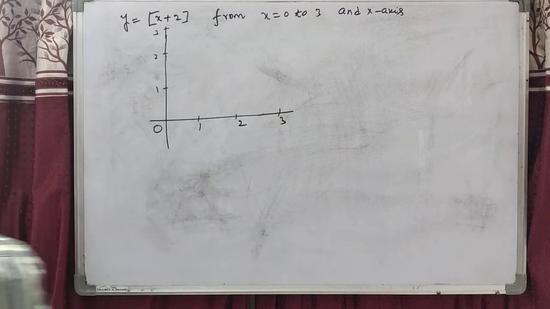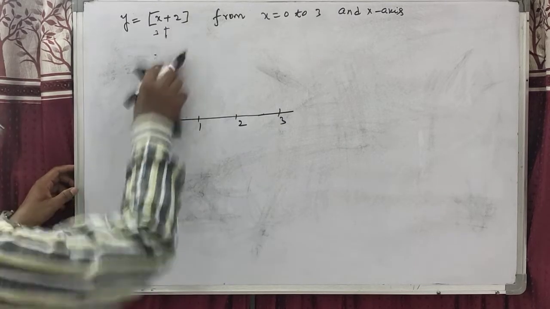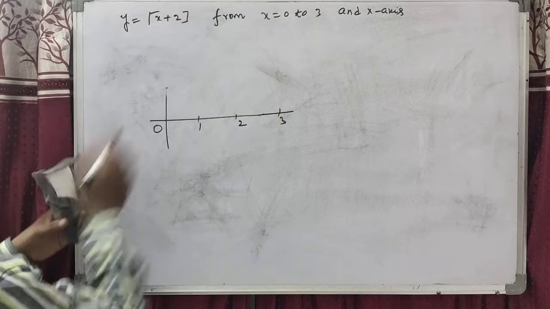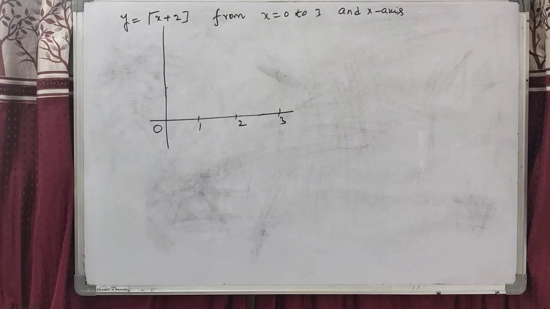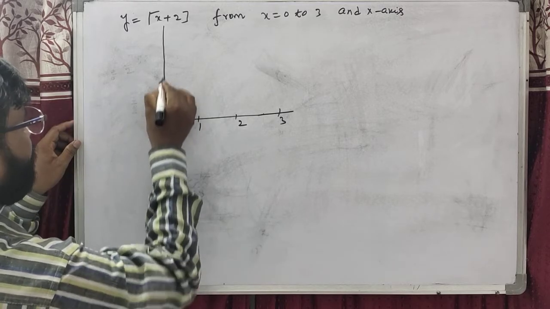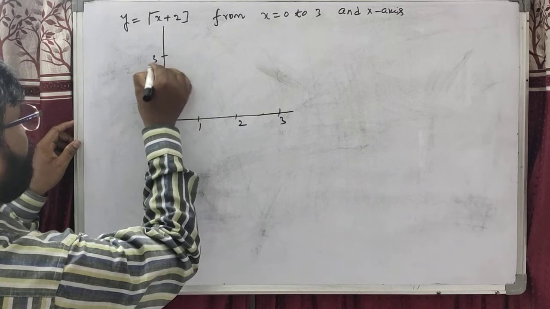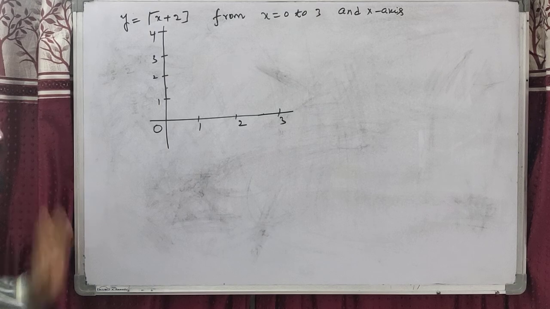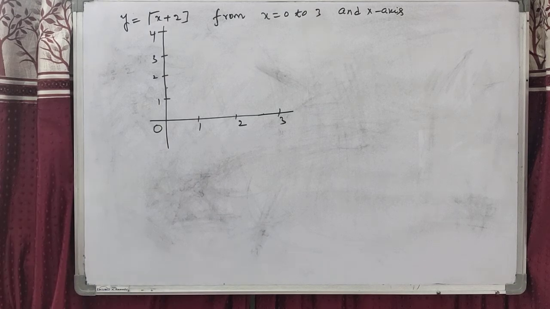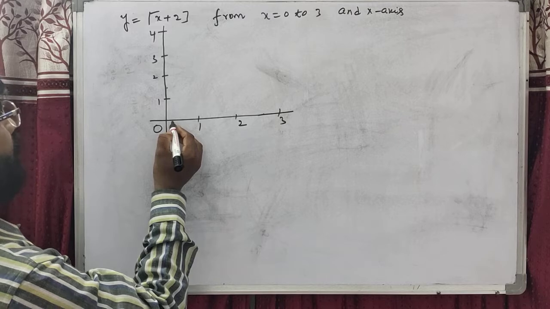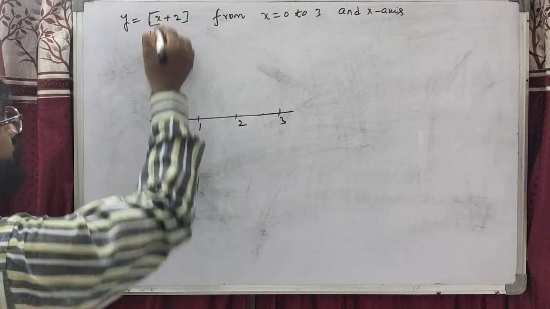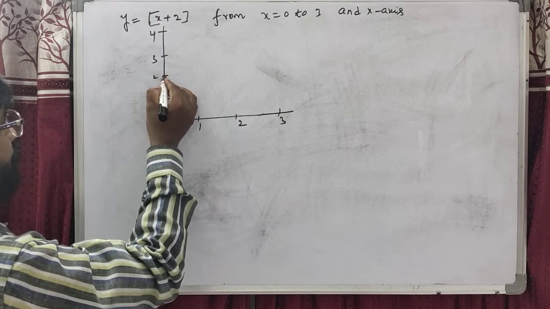Okay students, how to write this one? Now first write 1, 2, 3, 4. Now when we take the point 0, then it will be 2.